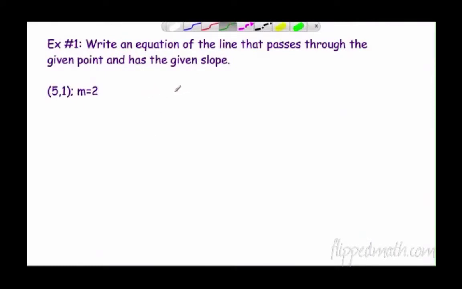Here we go. Write an equation of the line that passes through the given point and has the given slope. So let's see, I have an x, I have a y, I have an m. What's my equation? y equals mx plus b. Awesome. So let's plug in what I know. y is 1, m is 2, and remember this is 2 times my x, which is 5, plus b.